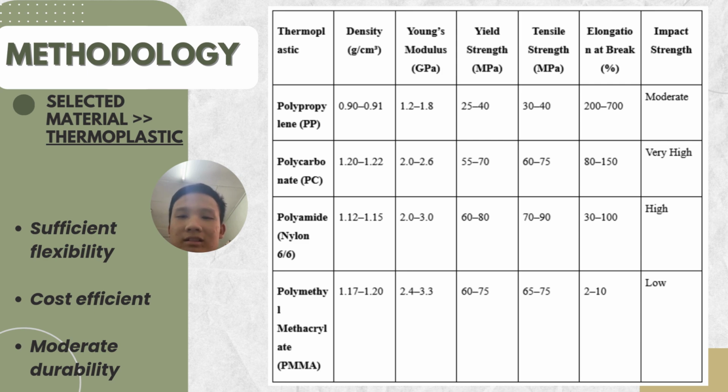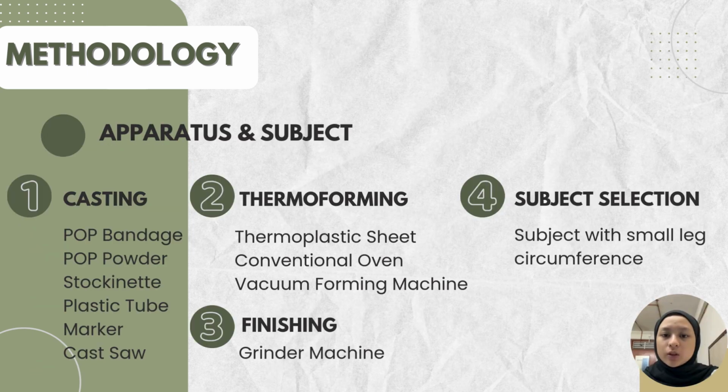In the table. Moving on, these are the apparatuses used for ankle foot orthosis fabrication and the criteria needed for subject selection. For casting, tools and materials needed include plaster of Paris bandage and powder, stockinette, plastic tube, marker and cast saw.